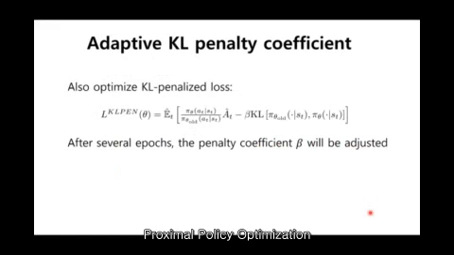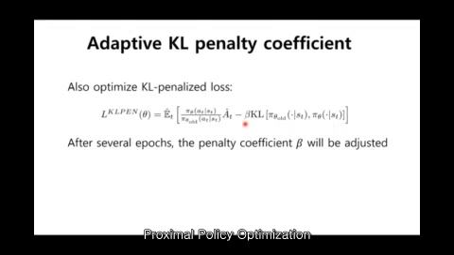Here I will talk about the adaptive KL penalty coefficient. The KL penalized loss is presented below. The first term is the importance sampling loss. The second term is the KL divergence that measures the divergence between the old policy theta old and the new policy.